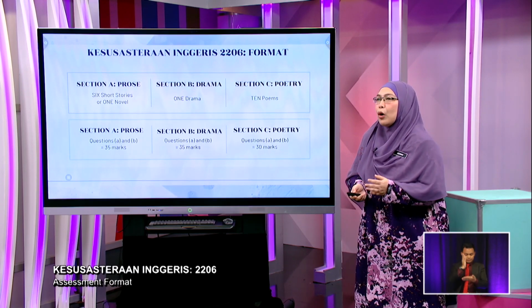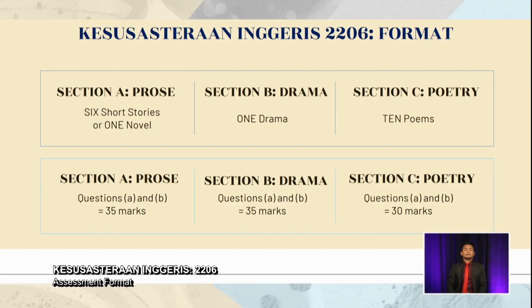You have your section A, prose, you have your section B, drama, and then you have your section C, poetry. Pupils already know whether they're going to answer based on the short stories or the novel, which drama they have selected and studied. Also, they would have done a thorough reading and analysis of all 10 poems. That's before the battle begins, right?